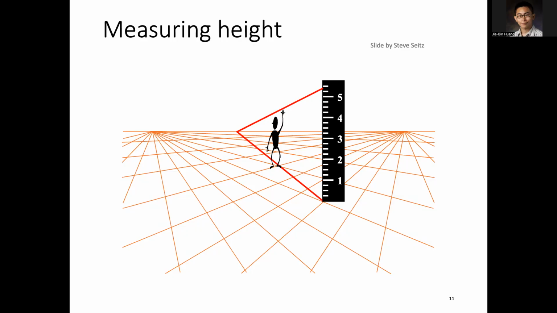Because they are parallel, if you can measure the distance here, then you know the distance here, because parallel means that every two points are the same distance. So you can use these cues to measure the height of an object from an image. Here you can see this is 5.3. If you have a turtle here, the same thing happens, and you can measure the height of the turtle just by using these perspective cues.